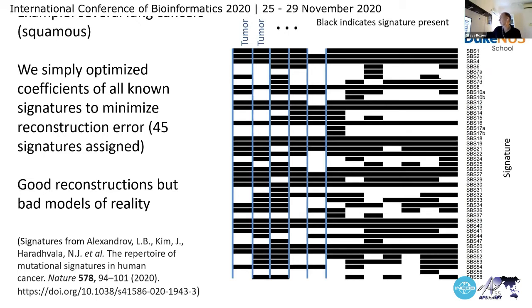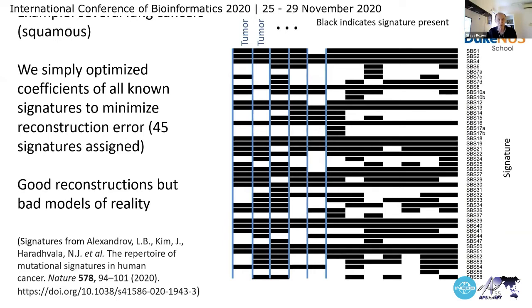These are lung cancers, and we have 3 ultraviolet signatures. We have the signature of aflatoxin exposure, which is a liver cancer toxin, for example. So we have implausible biology as the result of purely optimizing the mathematics without incorporating any prior information.